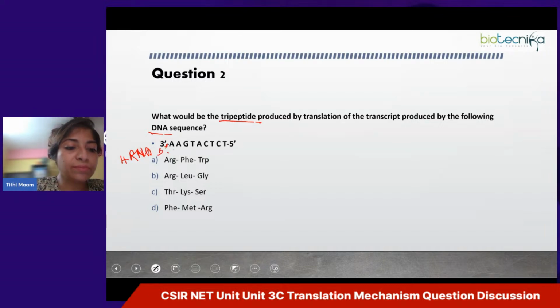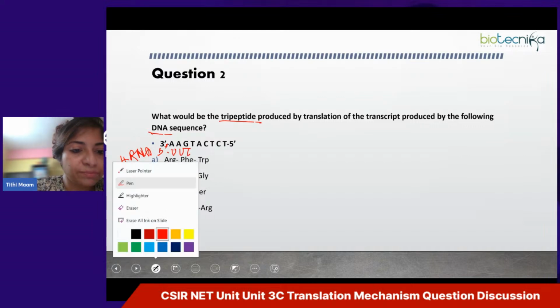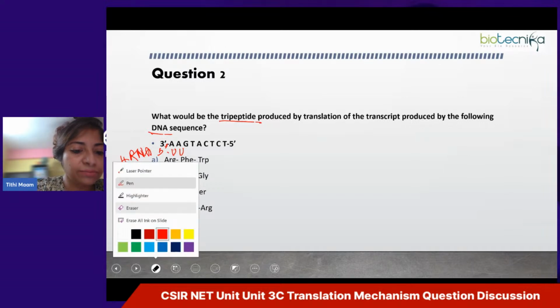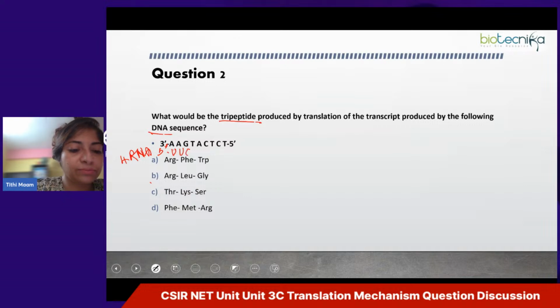Then A will pair with U, U, C. Then A, U, G. Then A, G, A. This is the 3 prime end.